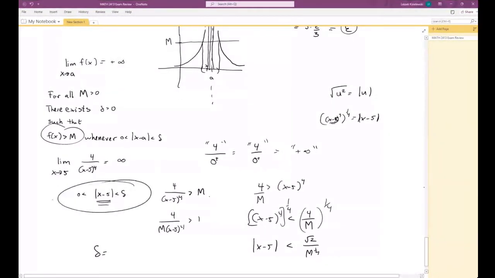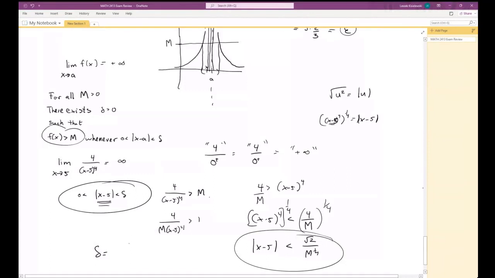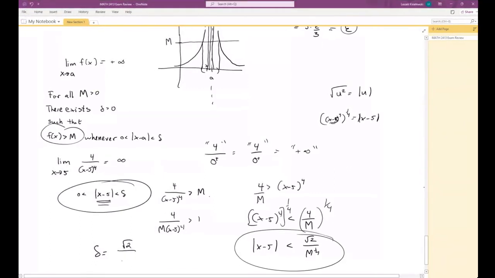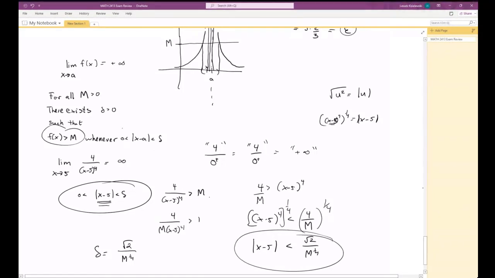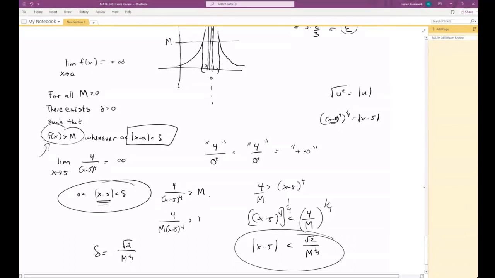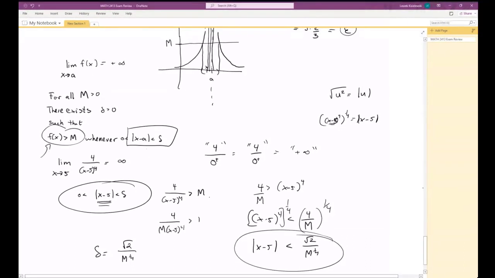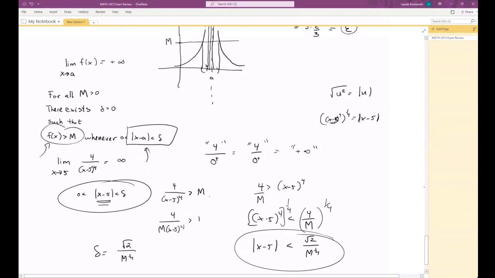By comparing this inequality to that one after we manipulate it, we see that delta should be defined as the fourth root of 2 over m. Okay. I'm not going to go through this, but it's a good way to find it. Same procedure: write down the two inequalities, right? Manipulate this one until you can say something about that other one.